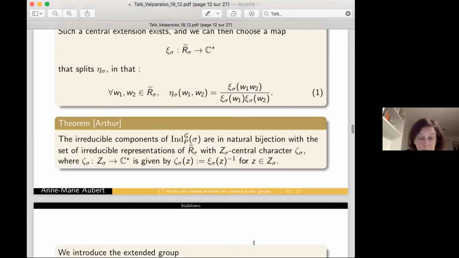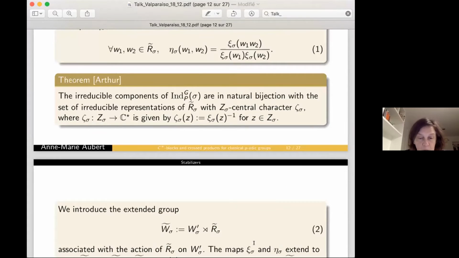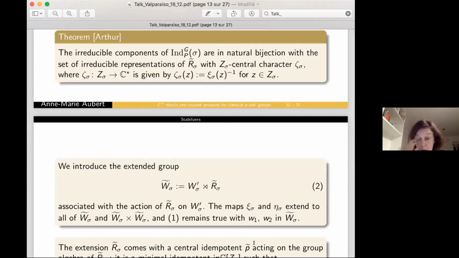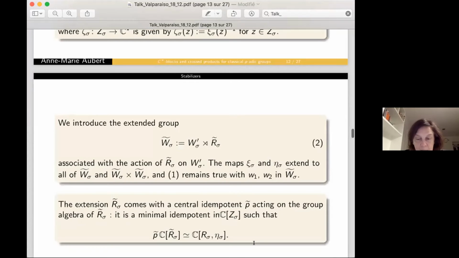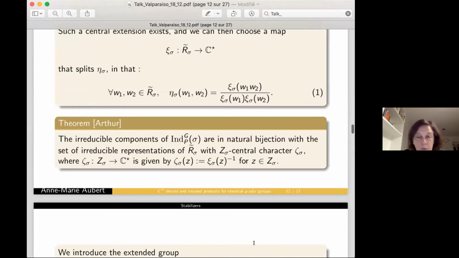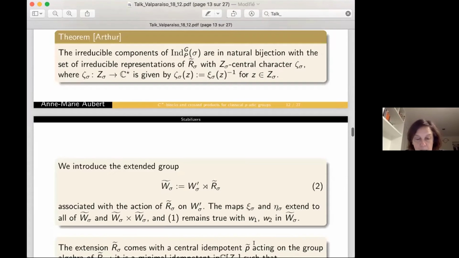So this is a very useful result of Arthur, and with this you can consider another group, very similar to W sigma, in which we have replaced the R group by that extension R sigma tilde, and we can extend the maps xi and eta to this group in such a way that the relation between eta and xi still works.